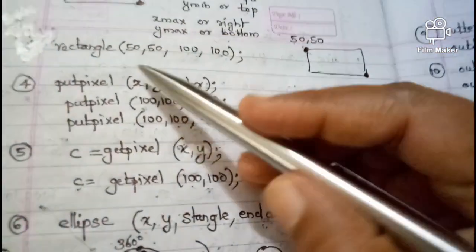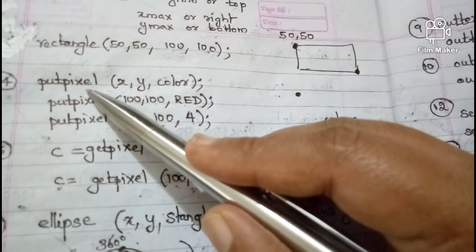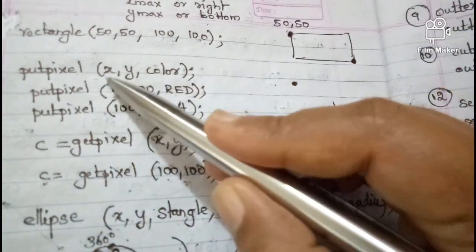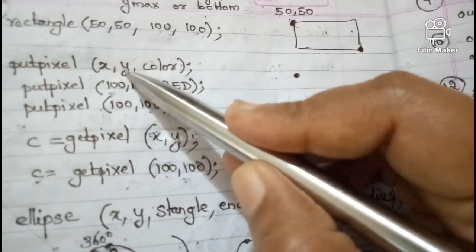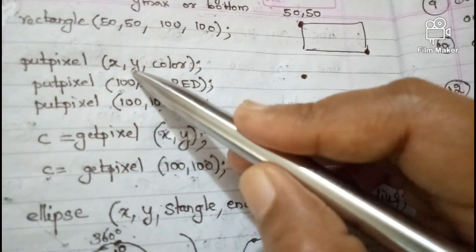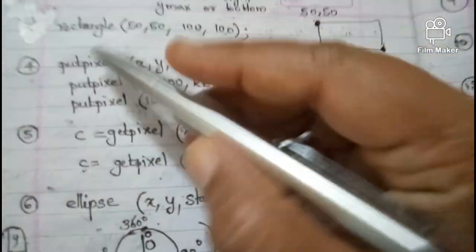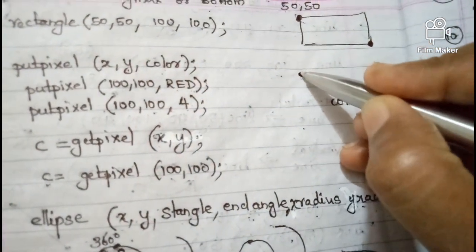Now, the next function is the put pixel function. Put pixel function has two arguments specifying the position where the pixel is to be plotted, and the third argument specifies the color. That means this function is used to simply plot a pixel on the screen.